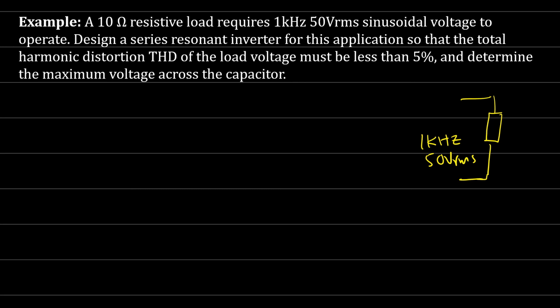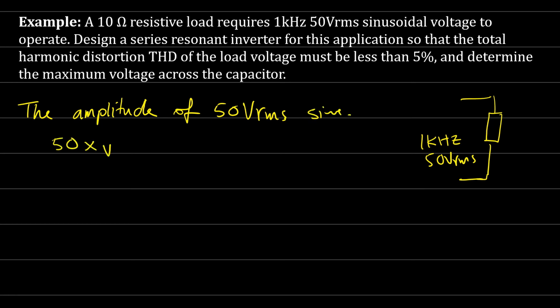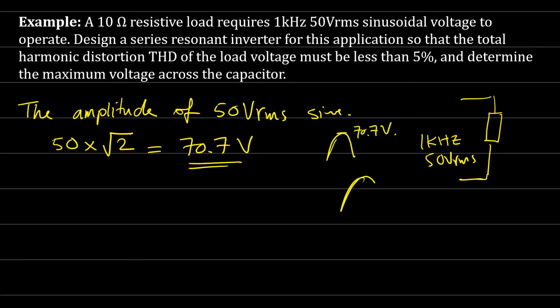Since we know the information for the load voltage, the amplitude of the 50 volt RMS value is equal to how much? For a sine wave, it is 50 times the square root of 2, which is 70.7 volt. If the RMS is 50 volt, then the peak is 70.7 volt for a sine wave. We know the relation between the sine wave and the square wave: if this is VDC, this is 4 over pi times VDC.